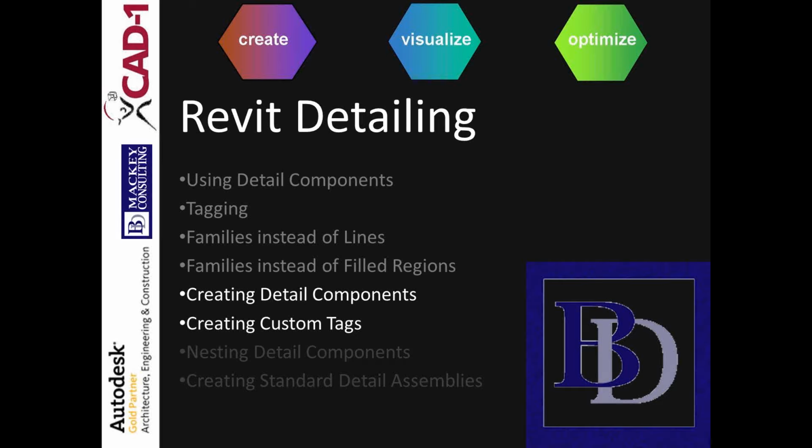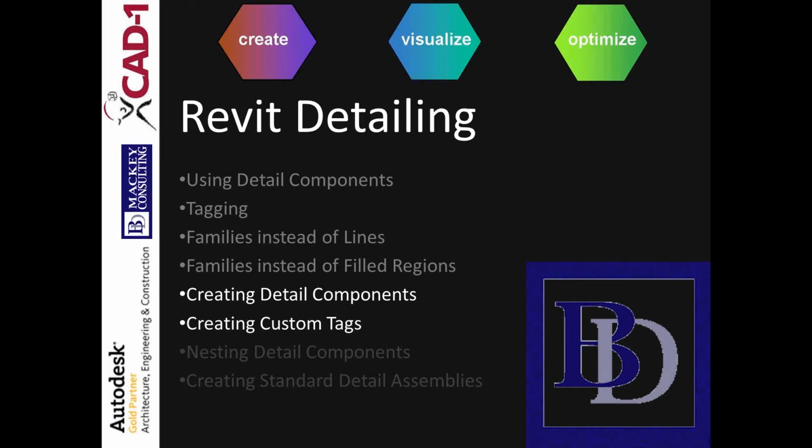Revit Detailing Part 1 should be on the CAD-1 YouTube page, and we have links on our CAD-1 site under events and then archives, where the webinars are all archived. Today's presentation will be on creating detail components and creating custom tags, and the last session will be on nested detail components and creating standard detail assemblies.